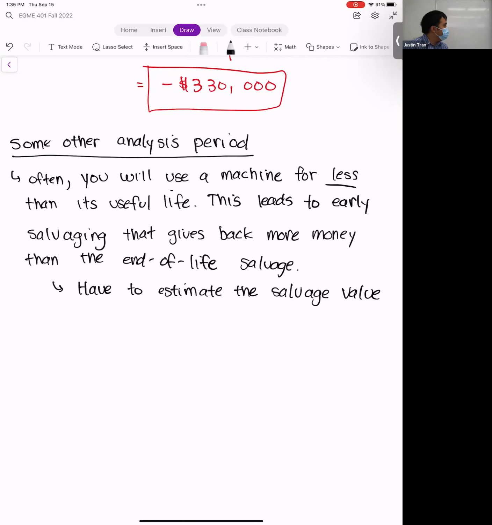I know for sure in homework 3, not homework 2, I do give you a problem where you have to salvage some of the machine early. In those cases, I'm going to give you what the early salvage value is. But sometimes you just don't know what that's going to be, because the market might shift over that time and you might not know how much you can get.